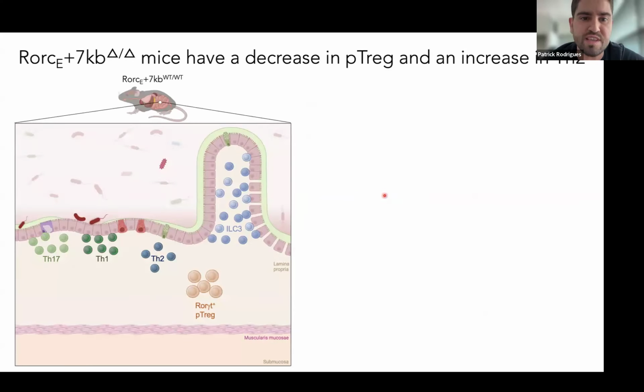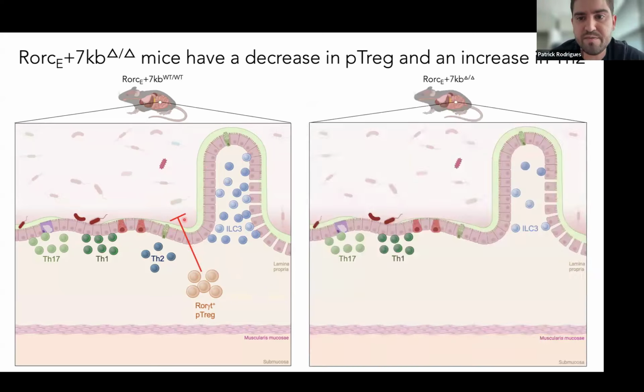So if I go now to the summary slide, what you can see here in the wild-type condition is that you have the ILC3s, the T-cell compartment, as well as the Treg compartment. Whenever you have a wild-type condition, the Treg compartment is able to modulate the immune suppressive environment, which keeps the inflammation in the gut intact.